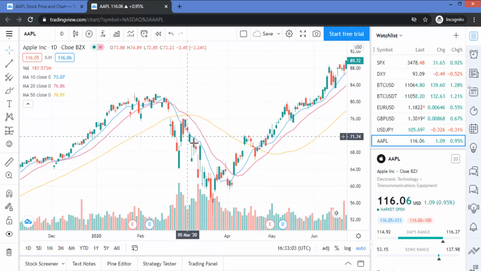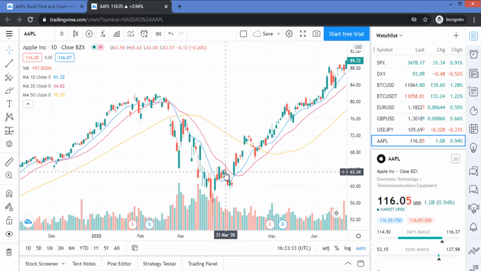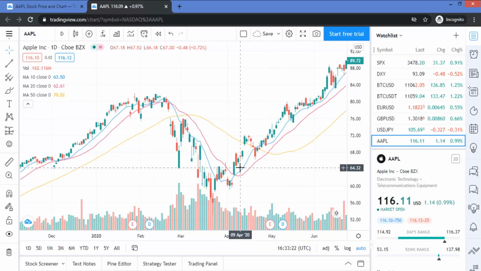So now we are moving in a downward trend, as you can see on 10th, 11th, 12th, 18th, 23rd March, etc. It goes up, but we haven't had a convergence yet. And right at this point, on 6th of April, we can see that our 10-day moving average has crossed the 20-day moving average, which means in the short term it says it's going to go up.